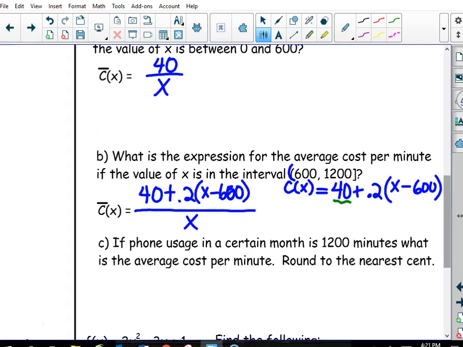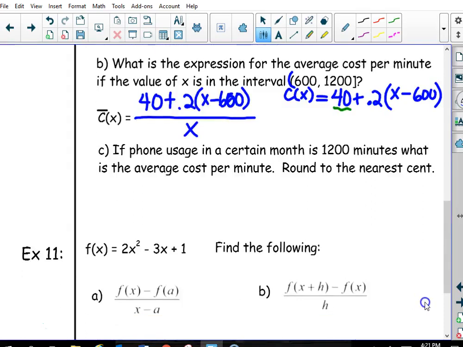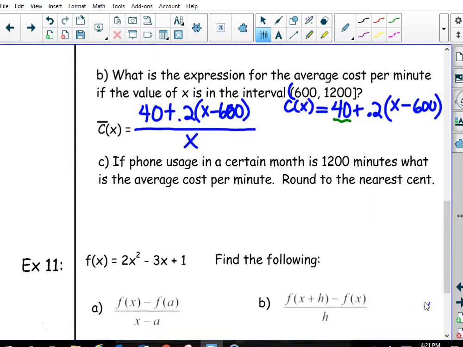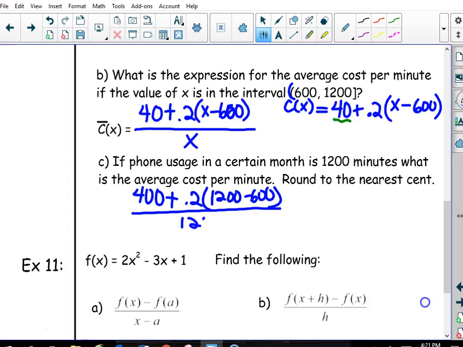Okay, if phone usage in a certain month is 1,200 minutes, what is the average cost per minute? Round to the nearest cent. Well, we're just going to plug into the above equation for 1,200 minutes. 40 plus 0.2 times 1,200 minus 600. And that's going to be divided by the total number of minutes, which they're telling us is 1,200.